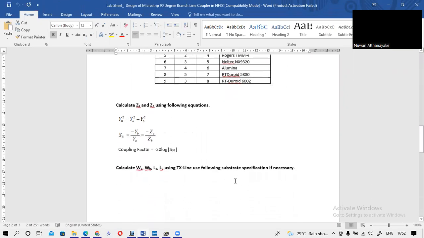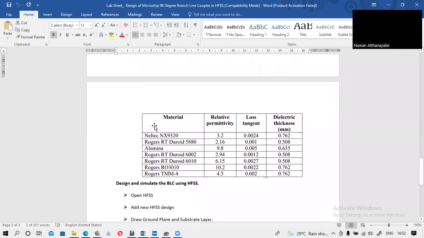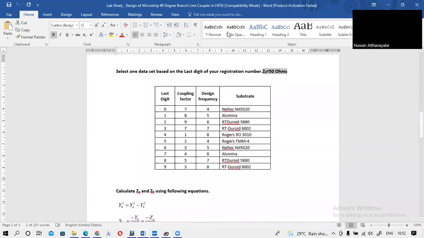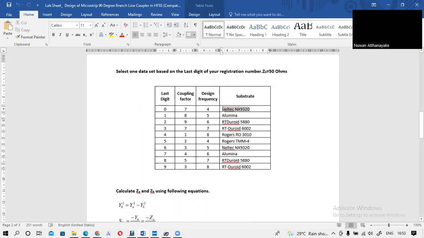These are the substrate properties, and we have to use these properties to do our calculation and design, so that information is also given. For my design, I will be selecting this Dielectric NX 9320 substrate.